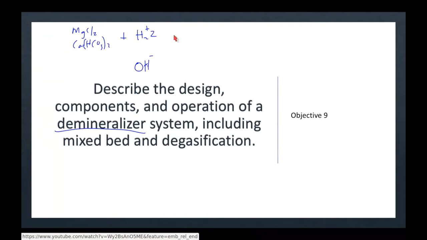When those go into our hydrogen zeolite softener, what we get is hydrochloric acid, we get carbonic acid, and we also get calcium or magnesium zeolite. So that stuff's staying behind. Well, we kind of messed that up, right? We've exchanged the cations. That's a cation, that's a cation, and we've exchanged it for that. And so what we've done is cation exchange.